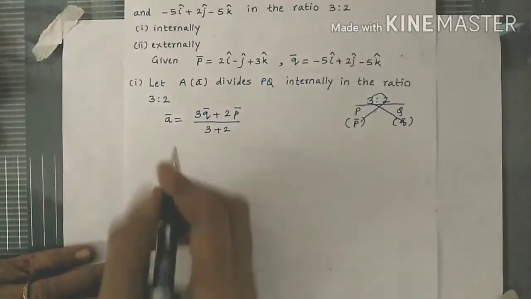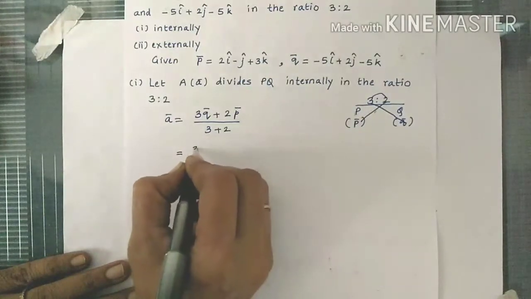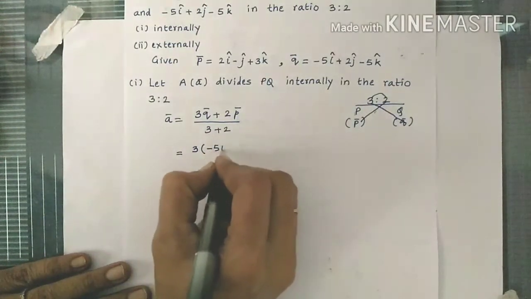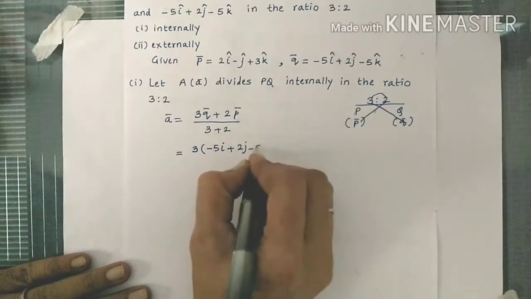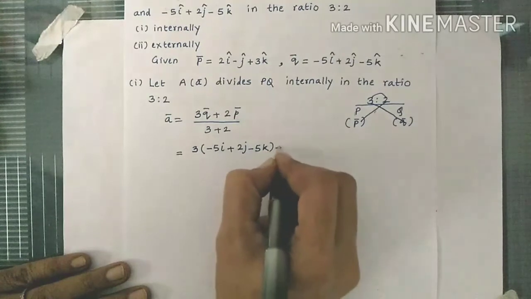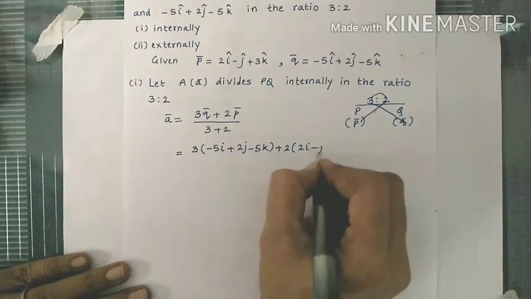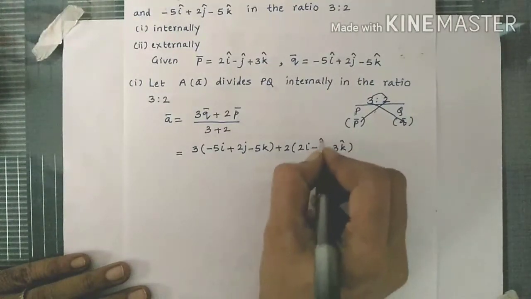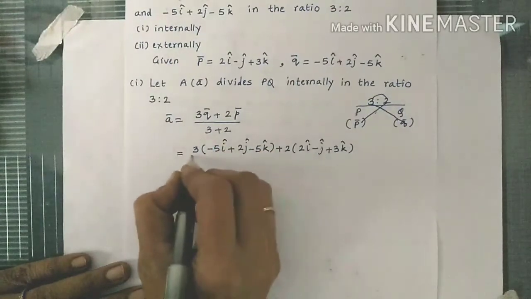Now the only thing is we have to substitute the position vectors of P bar and Q bar and solve that. So Q bar is minus 5i plus 2j minus 5k, plus 2P bar, which is 2i minus j plus 3k, divided by 3 plus 2. We can write it as 5.